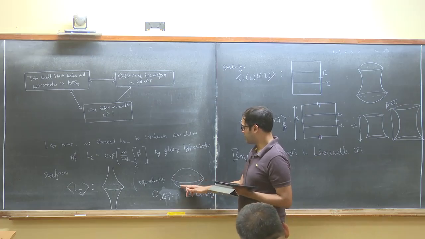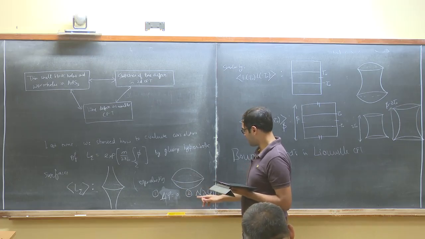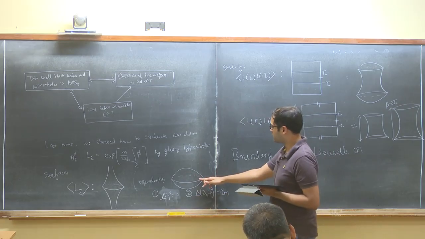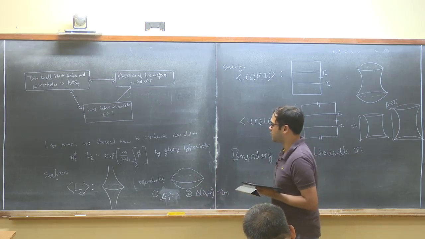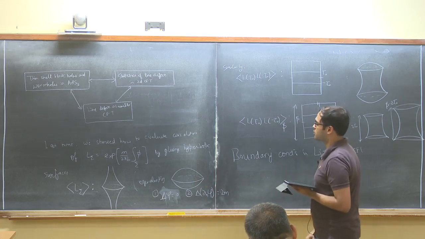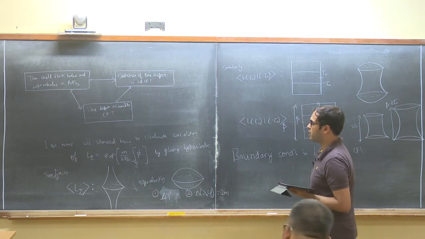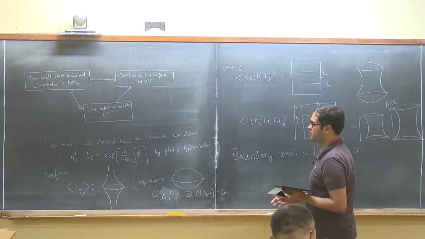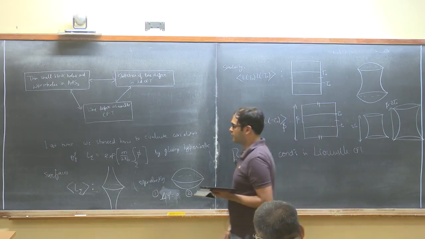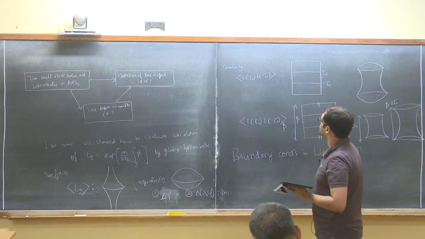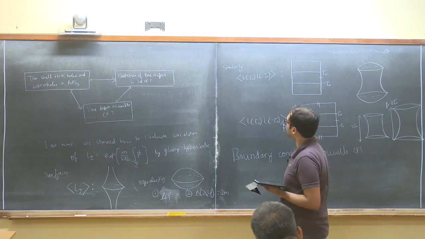That is, the Liouville field has to be continuous across the defect, and the jump in the normal derivative of the Liouville field should be equal to the mass of the defect. Okay, so those were the two conditions, and we explicitly evaluated the one point function and observed some nice features, like it resembles that of a conformal defect when you go to the IR. Okay, so that was where we ended last time.